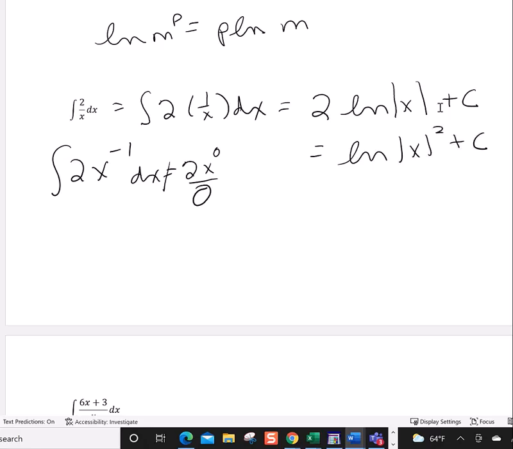Then x squared is always positive, so you could just drop that absolute value and call it plus c. This is not a hard and fast, like you have to do this, but I want you to know it might be done. You may see this written different ways. So I don't care which way you do it. They're both the right answer, but I want you to see this is a choice, to bring that power up.